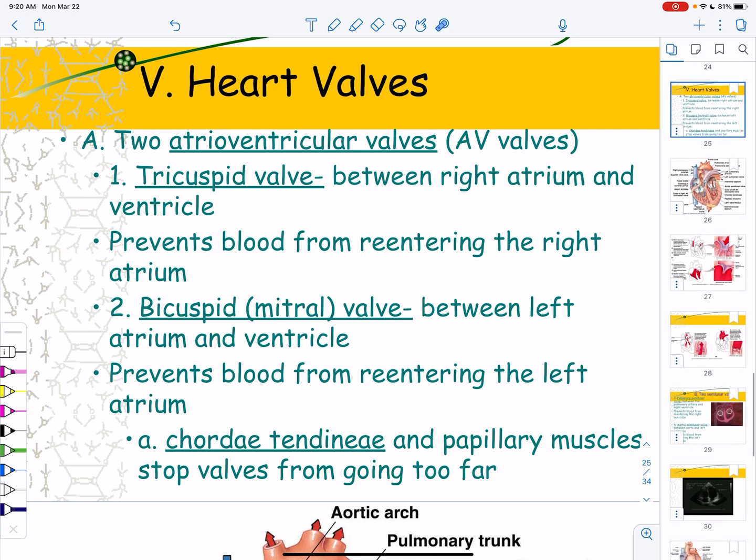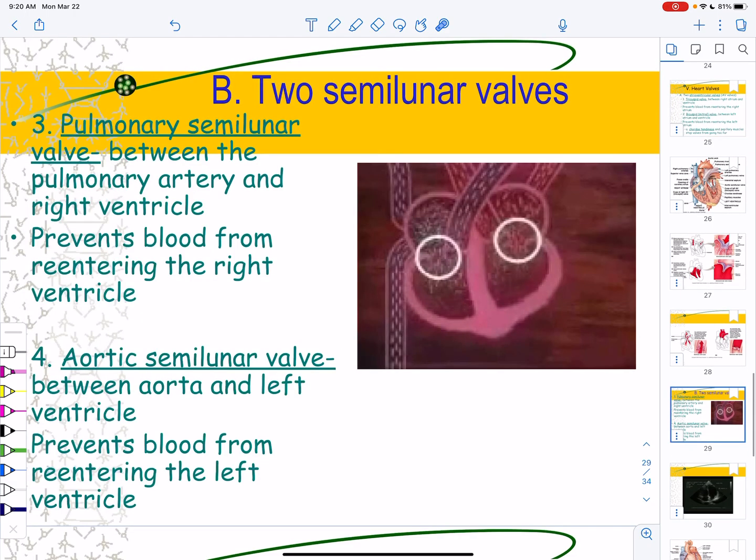And then we have 2 of the semilunar valves. These are going to be at the top of the heart. 1 pulmonary semilunar valve is on its way to sending the blood off to the lungs. The aortic semilunar valve is sending the blood off to the body, head, torso, and lower limbs.